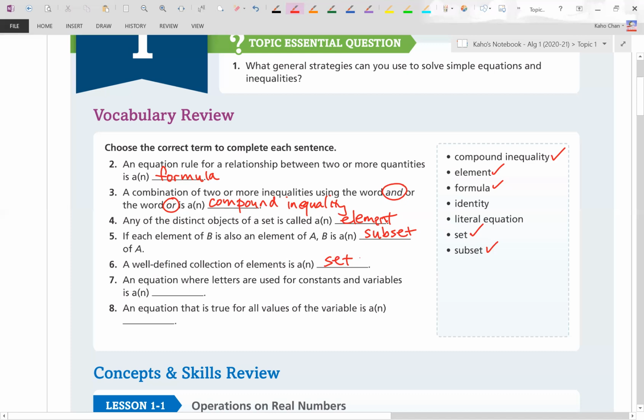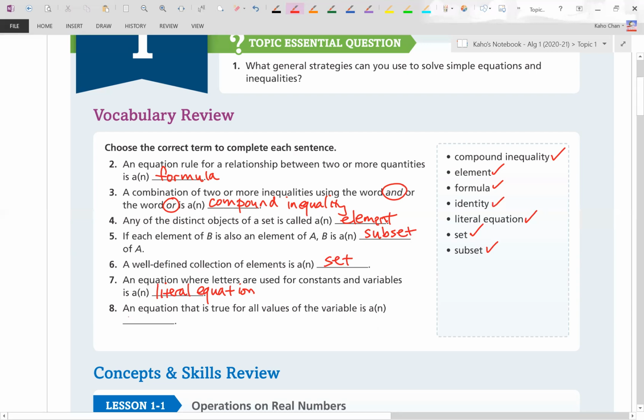Number 7, an equation where letters are used for constants and variables is a literal equation. And number 8, an equation that is true for all values of a variable is an identity.